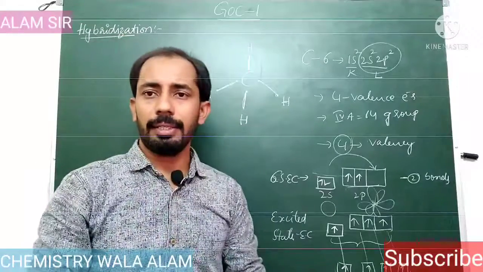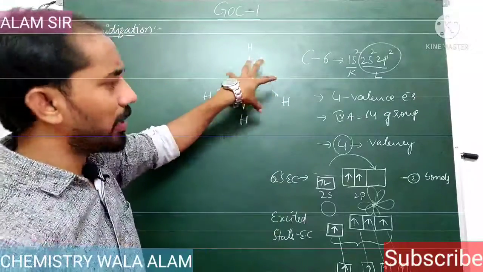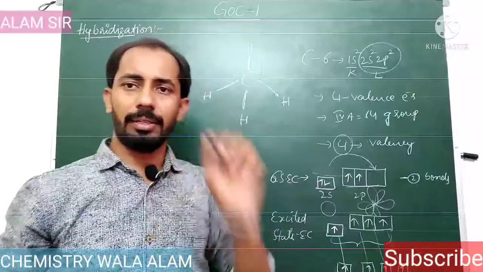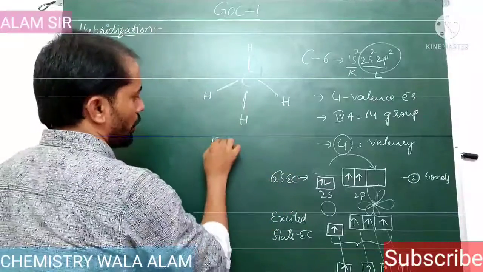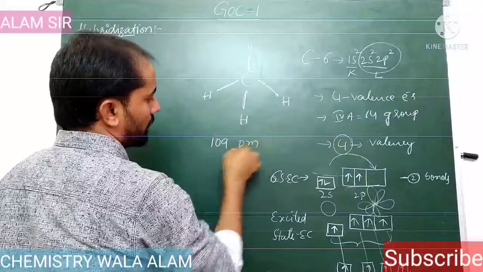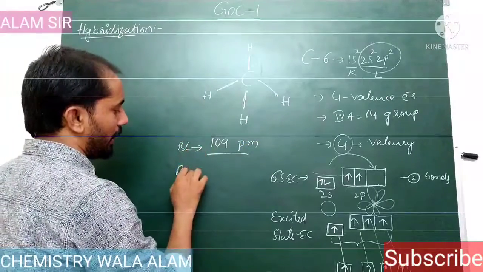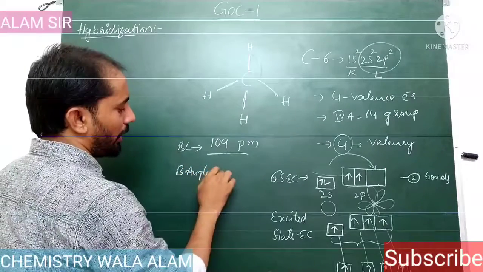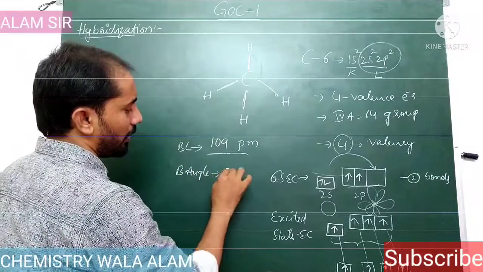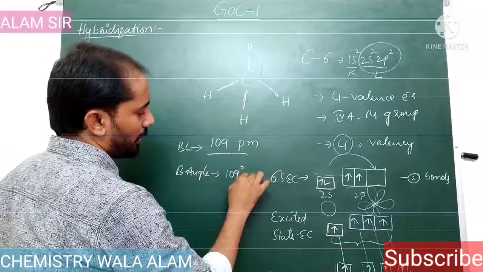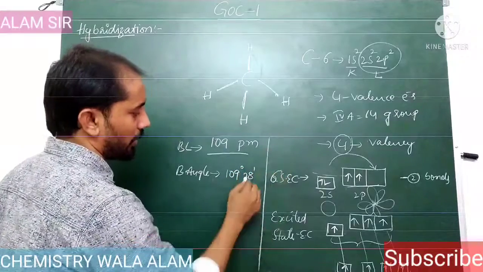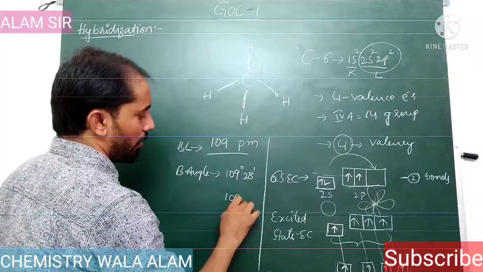But practically all 4 bonds have equivalent length, that is 109 picometers. This is the bond length and bond angle.